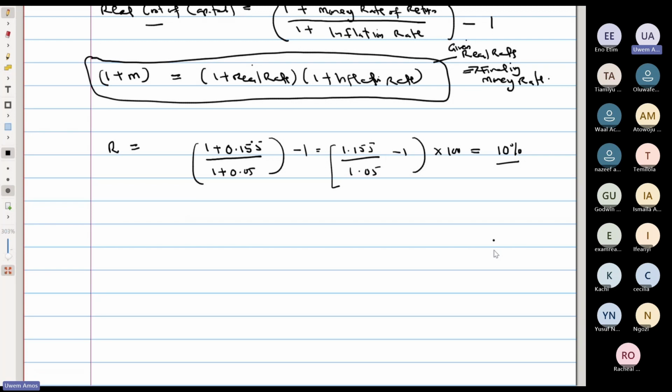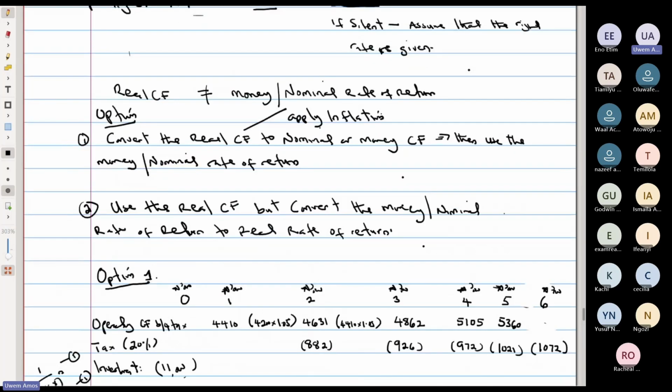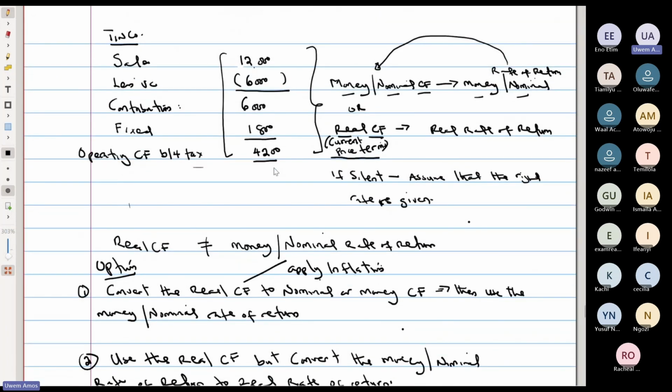So what that basically means for us is our operating cash flow before tax for year 1, 2, 3, 4, 5. What is the value in real price terms without inflation? That's what we did first. Operating cash flow before tax without inflation is 4.2.